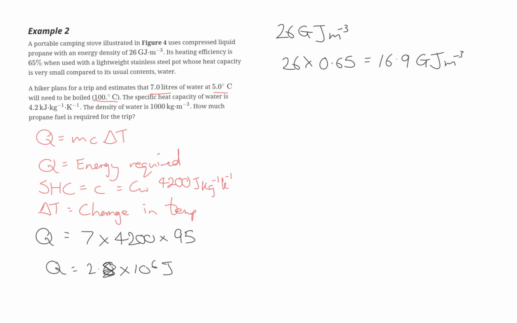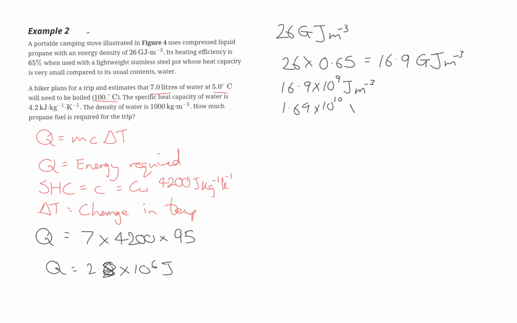Let's think about how many litres we might need. Now, there are 1,000 litres in 1 cubic meter. So we can just take this and knock it down by 3 orders of magnitude. So 16.9 times 10 to the 9 joules per meter cubed, and then that's 1.69 times 10 to the 10.